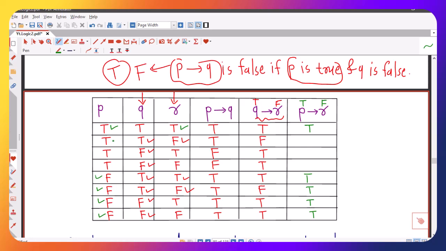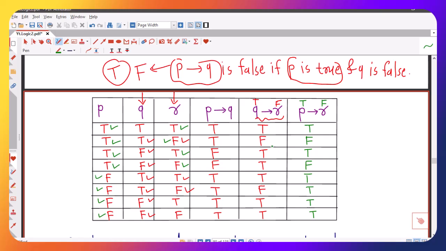In second case, P is true and R is false, therefore P implies R is false. Here P is true and R is true, therefore P implies R is true. Here P is true and R is false, therefore this is false.